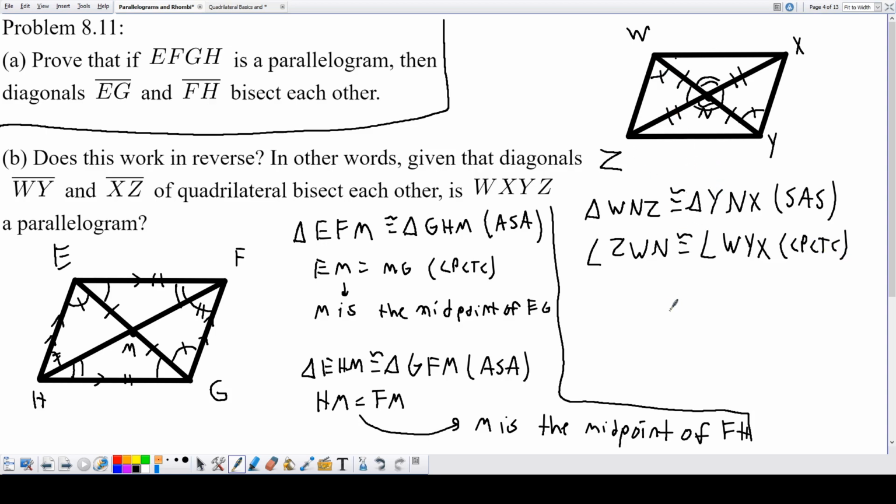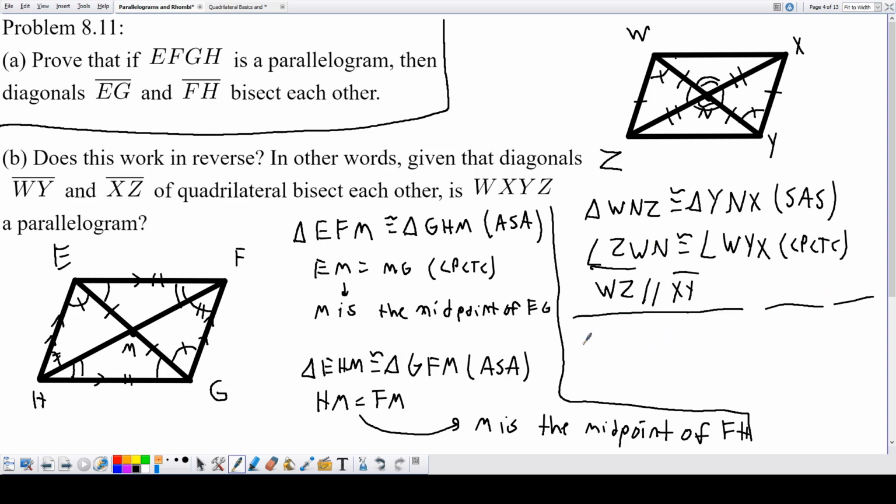And what this implies is that since we have these alternate interior angles are the same, we know that WZ is parallel to XY. I mean, actually from here it's kind of simpler. I could have just said that WZ is the same as XY, and if opposite sides, well, let's just continue from where we left off there.